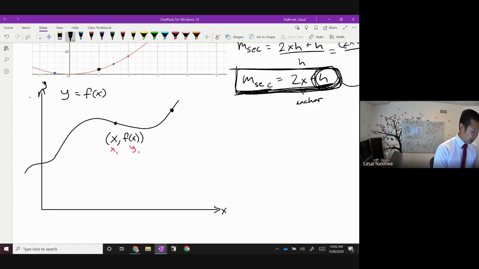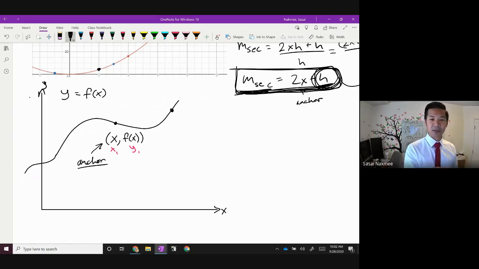I'm going to call this right here my anchor point. Where's my anchor point happening? It's happening at x, which is some random point I picked, comma f of x, the function value evaluated at x.